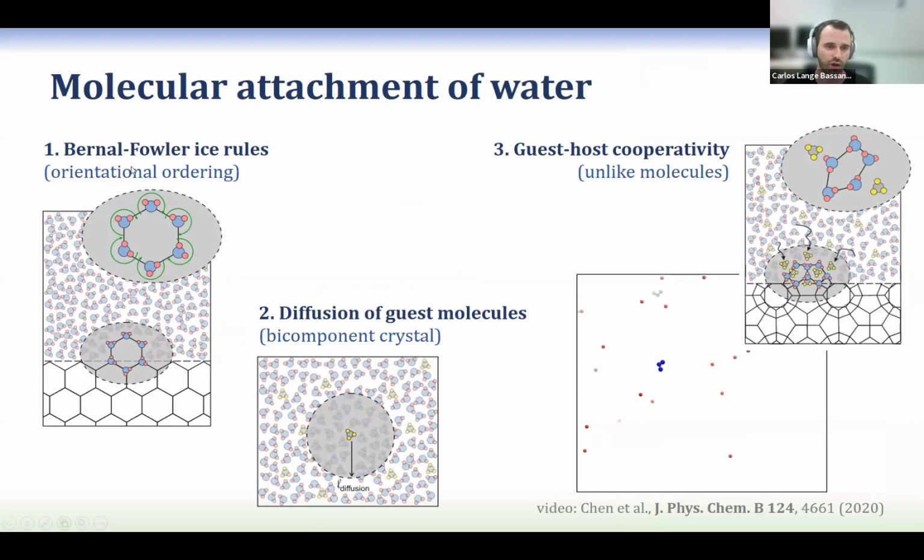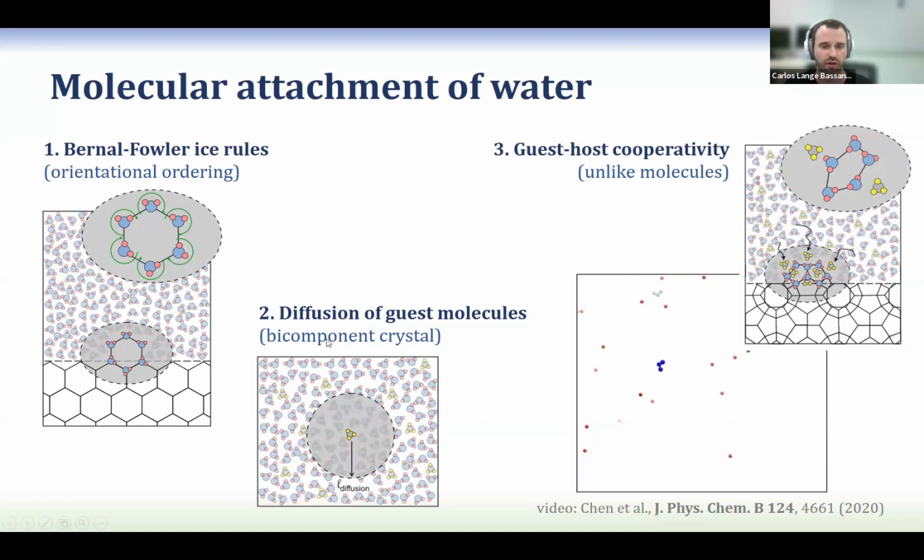So first, water has anisotropic interactions, known as the Bernal-Fowler ice rules. So we need to orient water molecules in the correct way. Here I'm showing it for ice. This is not a clathrate hydrate, it's just ice, but this happens in any structure that contains water.